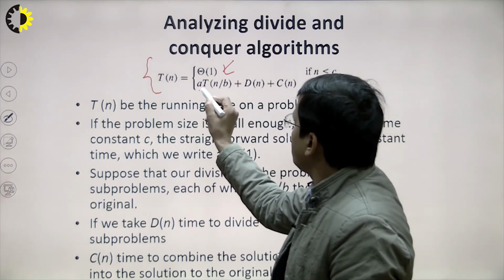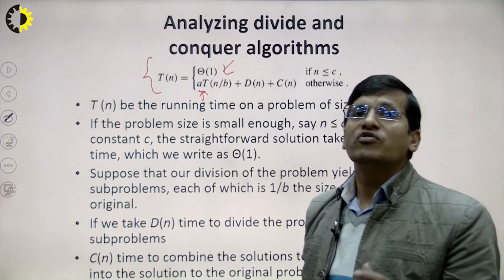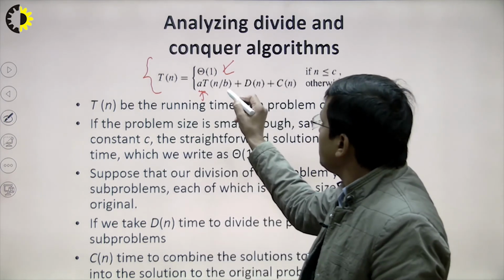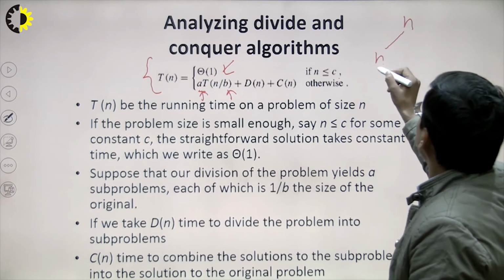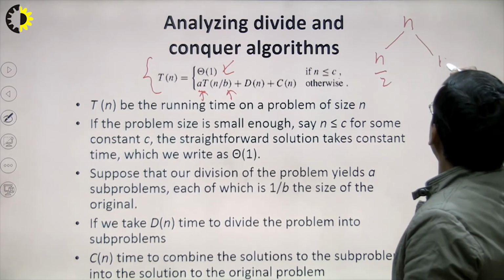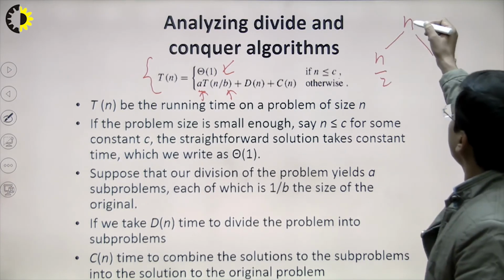And this A represents how many sub problems we have, and this B means, suppose in merge sort we use n by 2, right? So we have divided into two problems of n by 2.